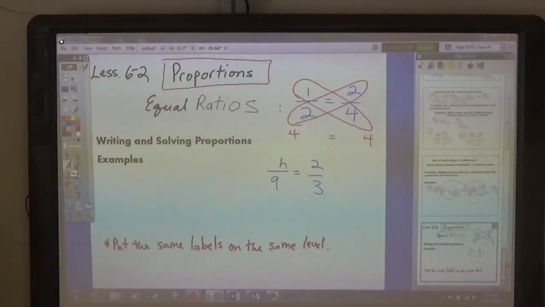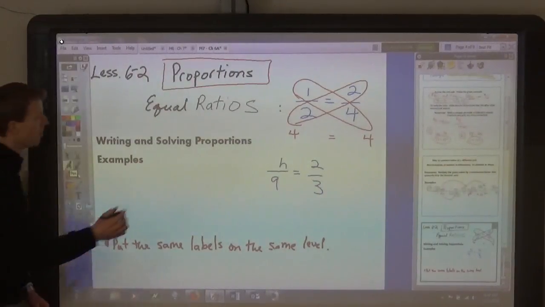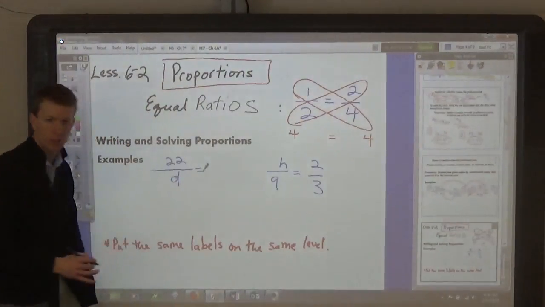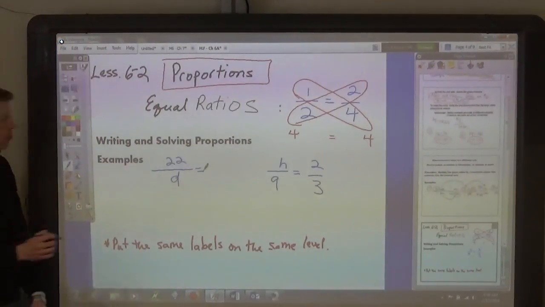Then if you got that one, see if you can do this one. 22 over d is equal to 6 over 21.